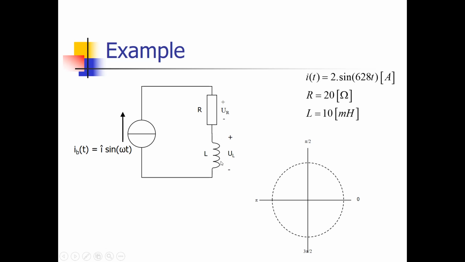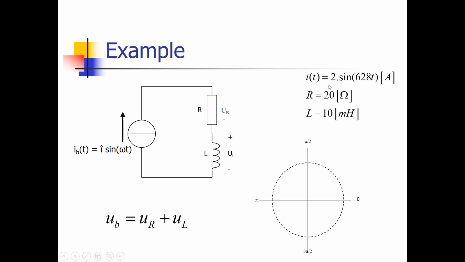And what we want to know is the voltage UR, the voltage UL, so across the resistor and the inductor, and the total voltage over resistor and inductor. And because resistor and inductor have a different voltage-current relationship, we may not add the numbers together, but we have to do it with vectors.